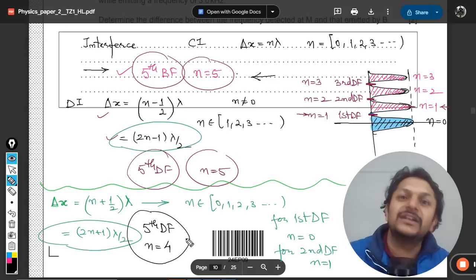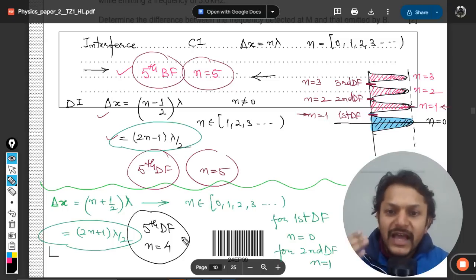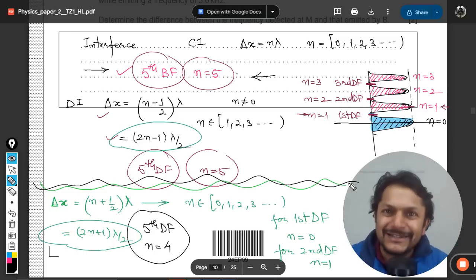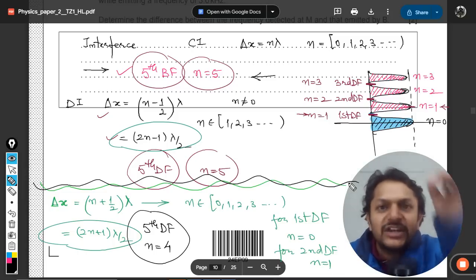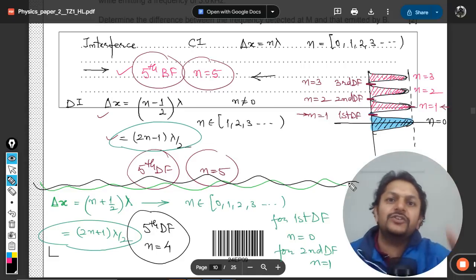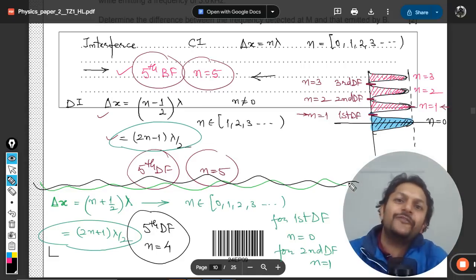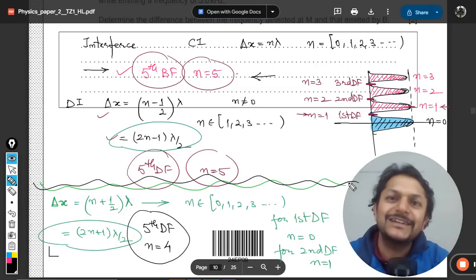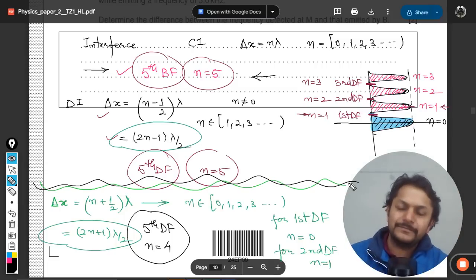That is why the innocent students are making these mistakes. Although they know how to do this, they are very good at interference, just because this is not given in your data booklet, it's an incomplete formulation that is given there. That is why students are doing these kind of questions completely wrong.